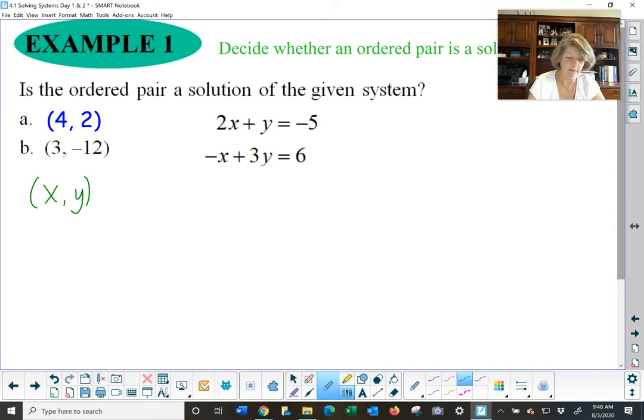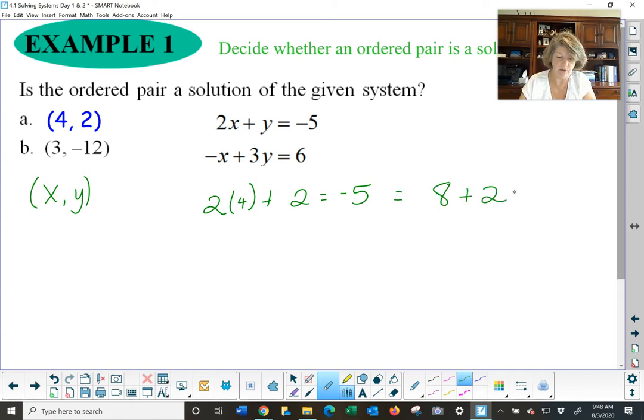So for x, I'm going to plug in 4. That's going to give me 2 times 4 plus y, which is 2, equals -5. Now, let's see if that is true. So I'm going to have 8 plus 2 equals -5, or 10 equals -5. That is not true. So that is not a solution.